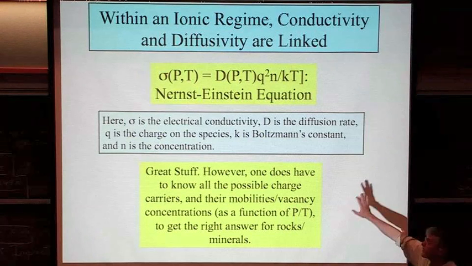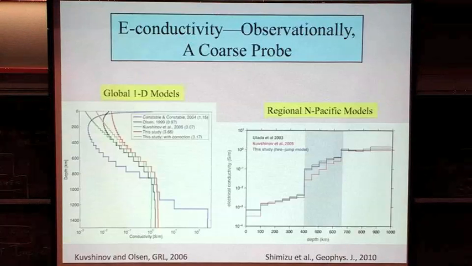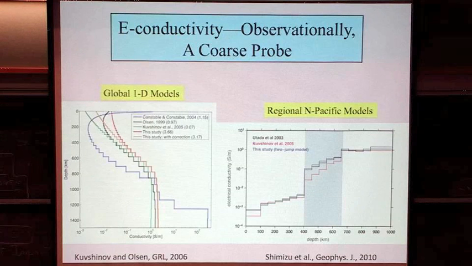Now, just to remind you, and a lot of people don't look too closely at electrical conductivity probes of the deep Earth, but if you look at depth versus conductivity of the planet, it's a pretty coarse probe. This is work that's derived from induced currents and transoceanic cables and things like that. It's difficult work. It's difficult inversions.